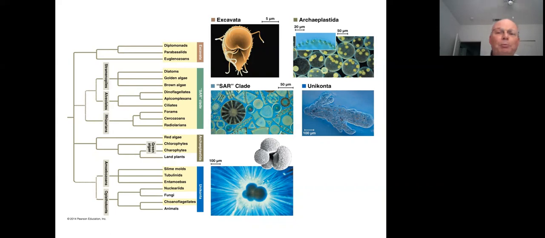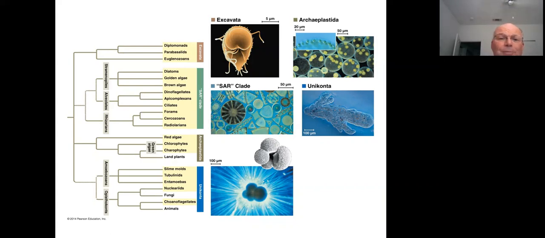Now, one thing to notice, you notice that three of the supergroups have proper Latinized scientific names: Excavata, Archaeplastida, Uniconta. We have one clade that's called the SAR clade, in quotes.